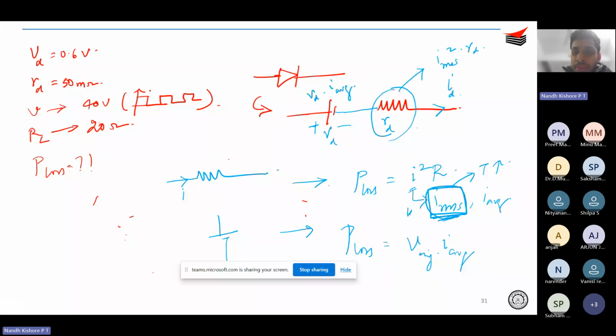You need to compute I average, and you need to compute I RMS, and then find out the power loss. Power loss is basically VD into I average plus I RMS square into R, right? I'll just write it over here.